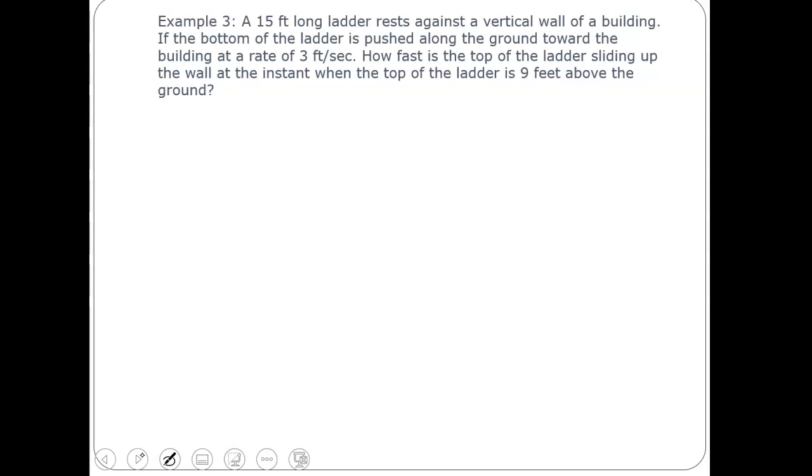A 15-foot ladder rests along the wall of a building. If the bottom of the ladder is pushed along the ground towards the building. So now this is the opposite effect. Last time the ladder was falling down. This time we're lifting the ladder to a vertical position.